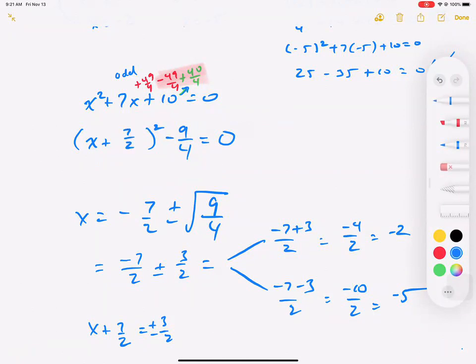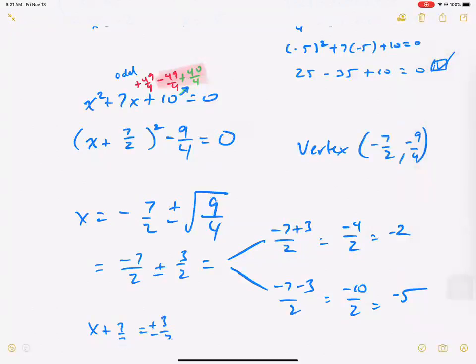And the vertex of the parabola is negative 7 over 2, comma, negative 9 over 4. Remember, it's going to be a negative. Let's write it out. a(x minus h) squared plus k, right? Where h is in x minus h, so whatever that value, we're going to give ourselves a negative version of it.